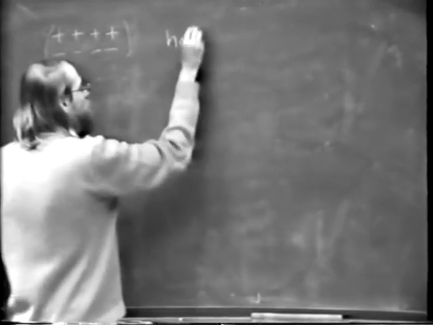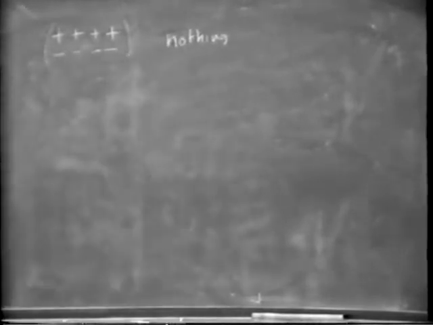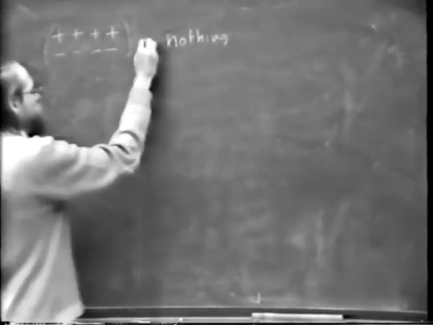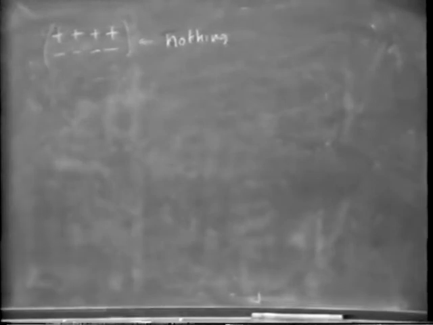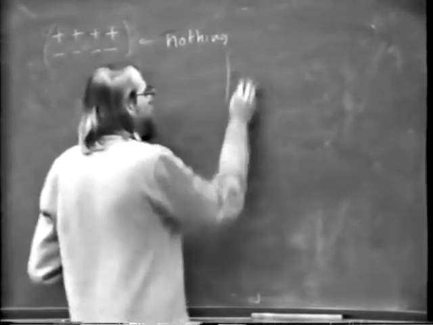Suppose all 4 eigenvalues are positive or all 4 eigenvalues are negative. What does that represent? Nothing. There aren't any points which will satisfy this. How can we come to this conclusion? Let's take a look at a simple matrix which has all 4 eigenvalues positive.